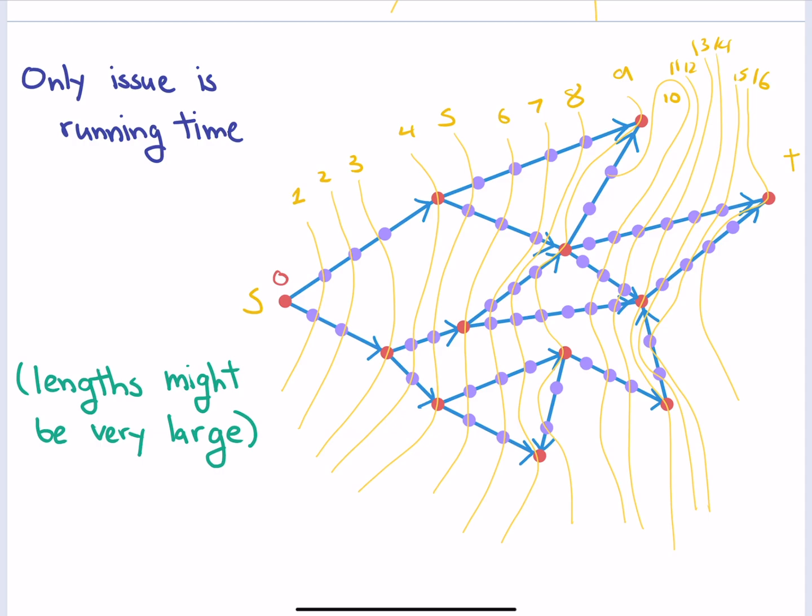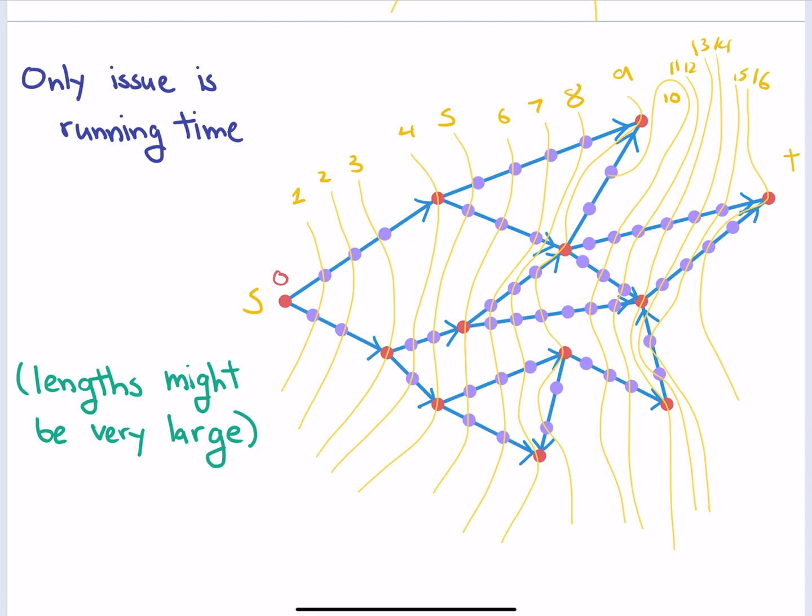So there could have been an edge of weight billion, gajillion, gajillion, and it only needed like 20 bits to write down or something, right? So suddenly our m plus n running time, n would suddenly become billion, gajillion, gajillion because there's some huge, humongous edge weight out there. The input size is still looking like log of billion, gajillion, gajillion because that's how many bits it takes to write down a big number. So you're looking at an exponential time algorithm, technically. Okay, so the only issue is running time.